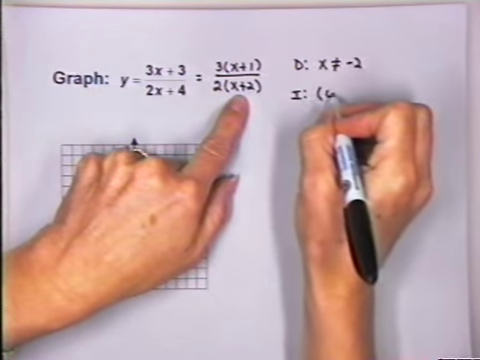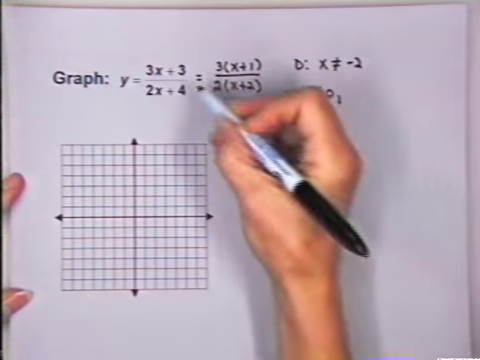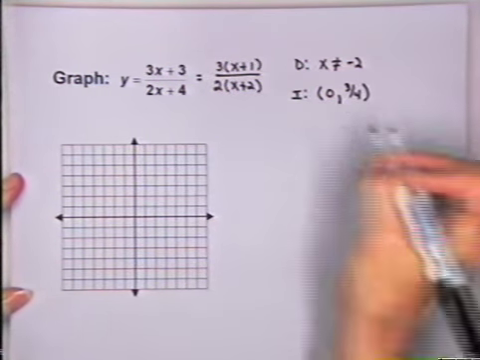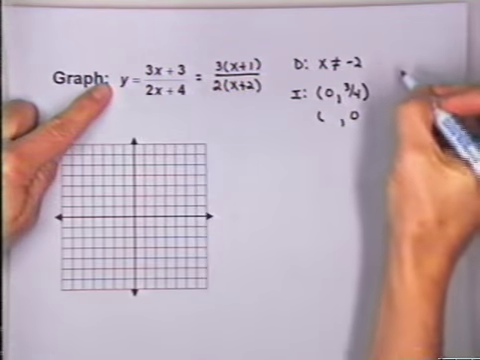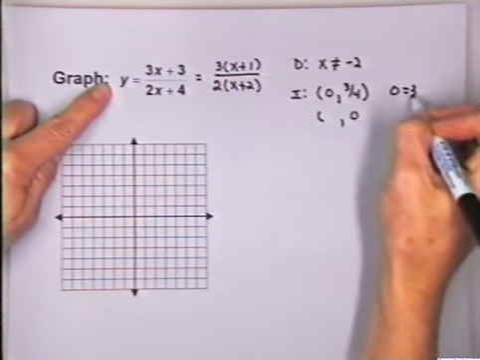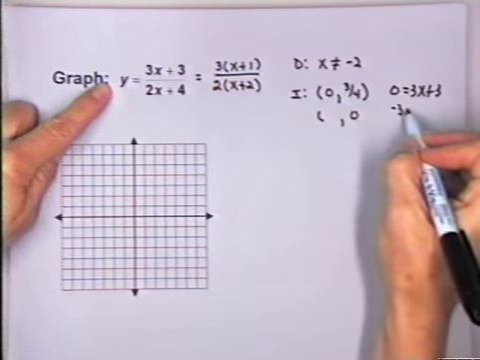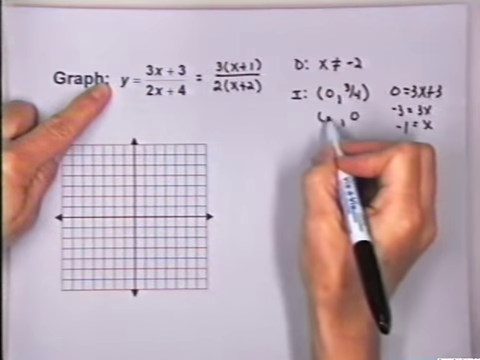Intercepts. If I choose x to be 0, look at the original form here. If these x's are zeros, then I get 3 over 4. Can I choose y to be 0? Can my 0 equal my numerator? Can 0 equal 3x plus 3? Yes, it can. And if we solve for x, x is -1, isn't it?